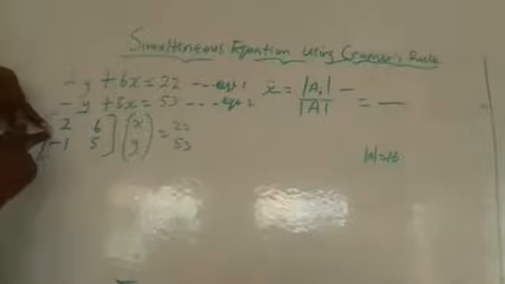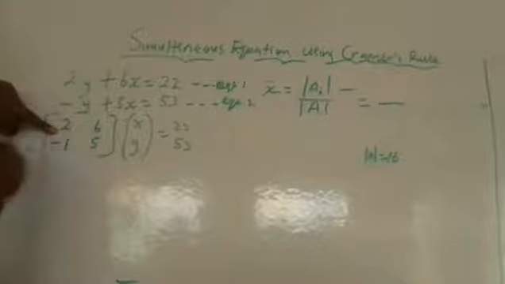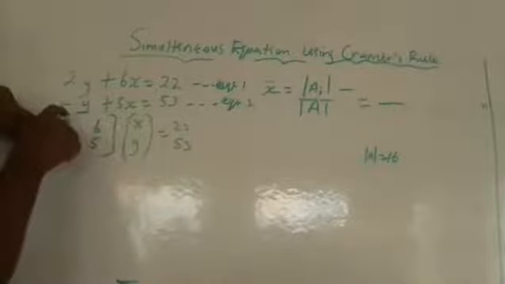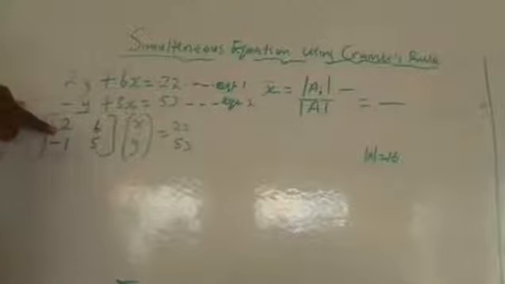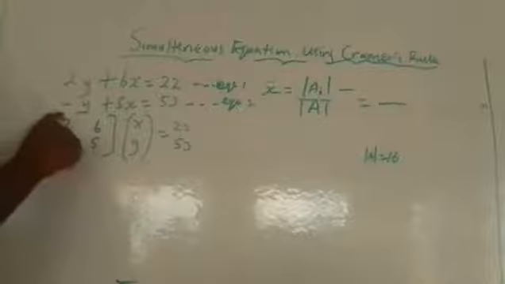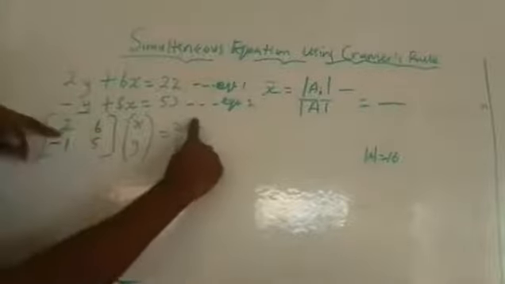When you replace it with the constants, then you find the determinant. That is the special matrix, because you are replacing the column of coefficients with the constants.